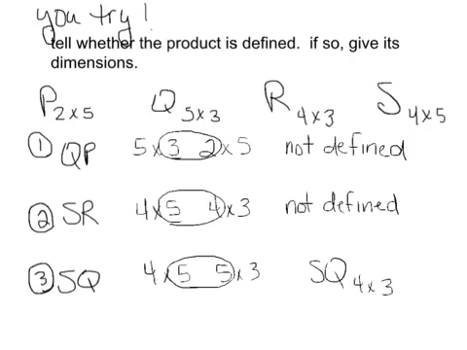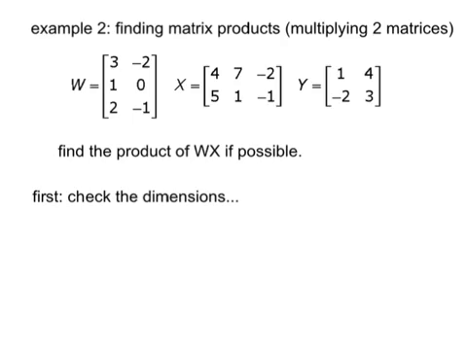SQ. S and Q. 4 by 5, 5 by 3, my inner numbers do match, so my resulting matrix is a 4 by 3. Now we're going to start multiplying matrix products, or multiplying matrices to get a matrix product. Find the product of WX. It has to be in that order if possible.